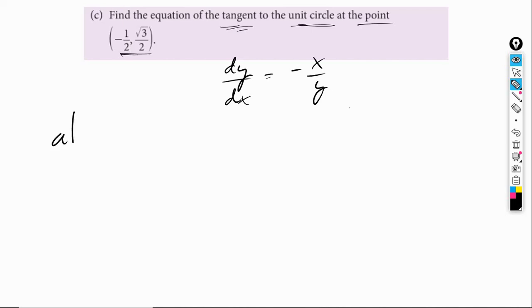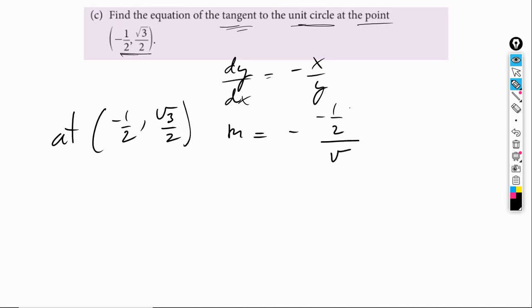So at negative 1/2 comma square root of 3/2, the slope of this tangent, which is the same as the derivative, of course, would equal minus 1/2 over square root of 3 over 2, and this is going to equal 1 over square root of 3, which we can rewrite as square root of 3 over 3.